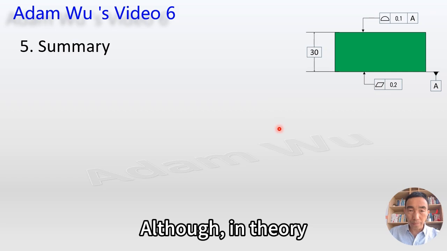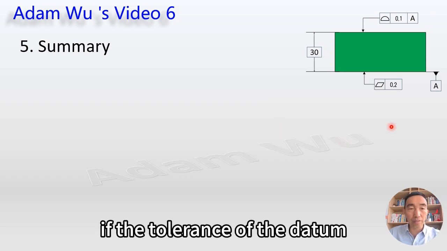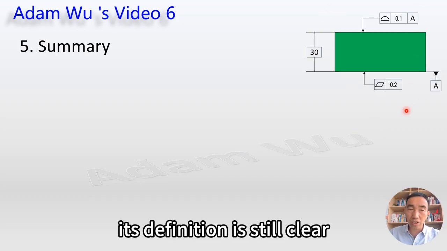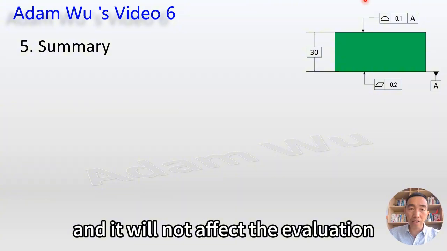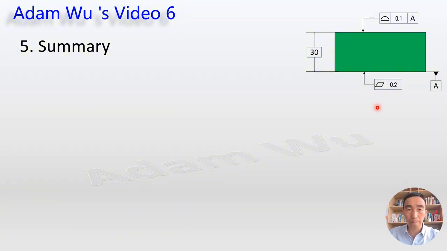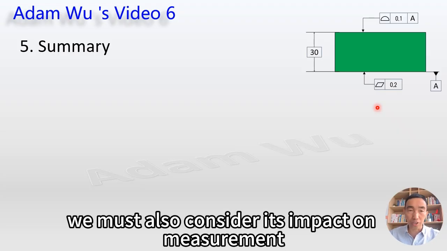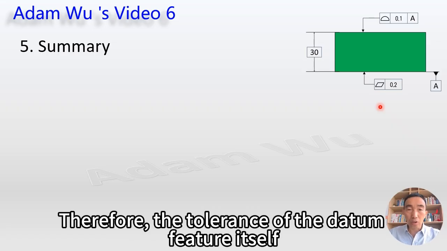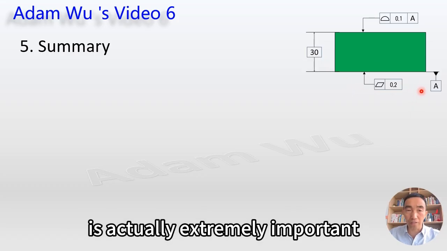Although, in theory, if the tolerance of the datum itself is larger than that of other features, its definition is still clear and it will not affect the evaluation or acceptance of the part. In practice, we must also consider its impact on measurement, machining, and assembly. Therefore, the tolerance of the datum feature itself is actually extremely important.